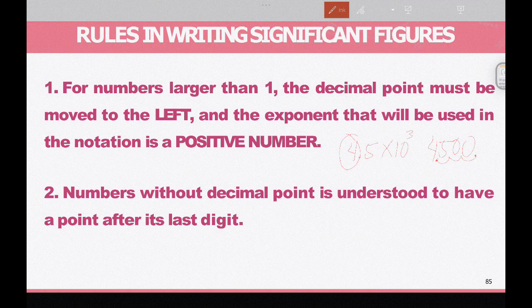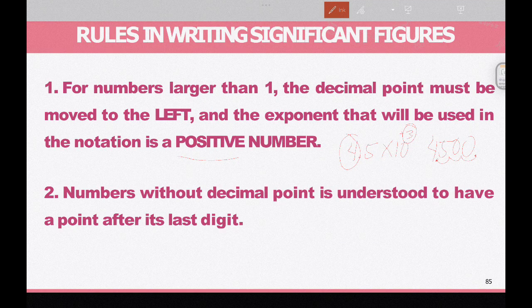So we come up here with 4.5. And so we move it 3 times. That will be our exponent. The number of times you move the decimal, that will be your exponent. So, since it's going to the left, that will be a positive. So, may positive sign tayo dito.